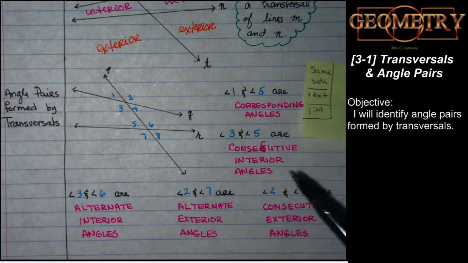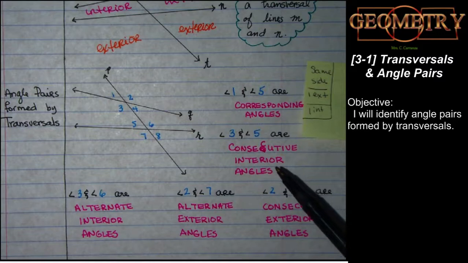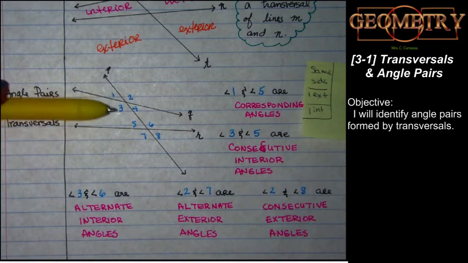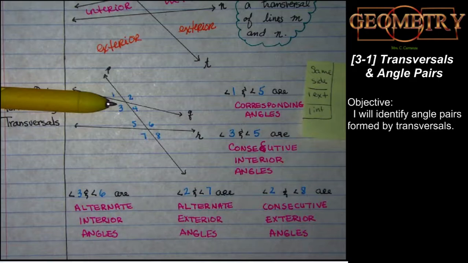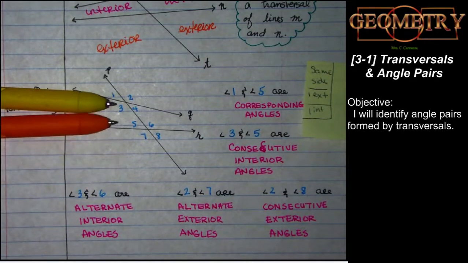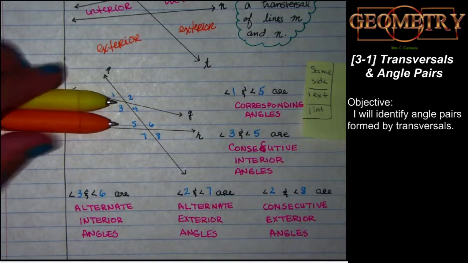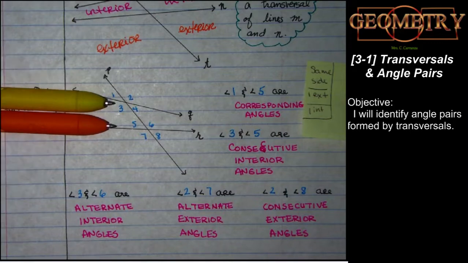Next angle type that we have is consecutive interior angles. And it says 3 and 5 are consecutive interior. So there's 3 and there's 5. Notice how now my little pointers are right next to each other. And they're in the interior portion of those lines that are being cut by the transversal. So both angles have to be interior.